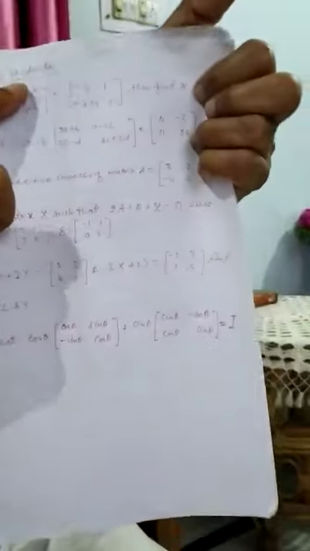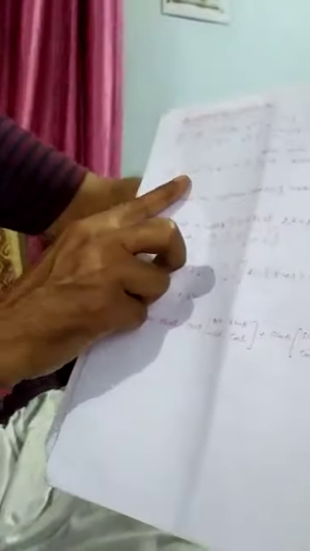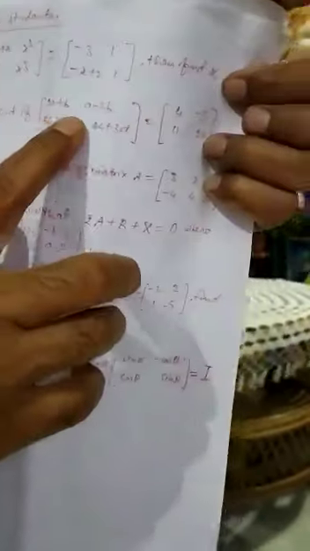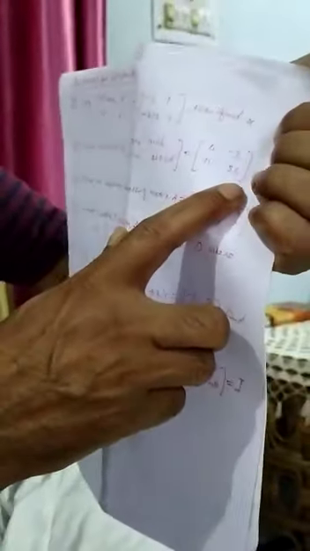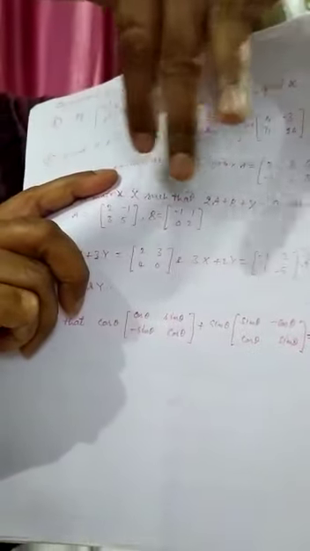This matrix equation is also comparable, so we compare and find the value of x. Question number 2: find A, B, C and D if this 2 cross 2 order matrix equals this one. It is a matrix equation. Same as before, we compare, form the equations, solve them and find the values of A, B, C and D.